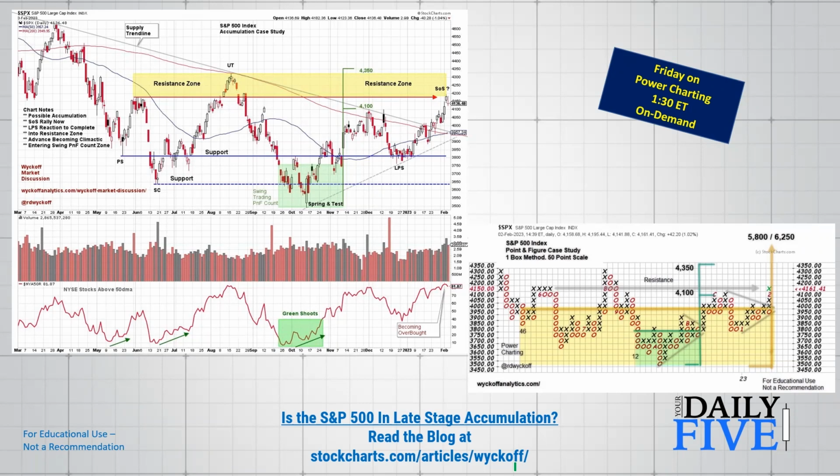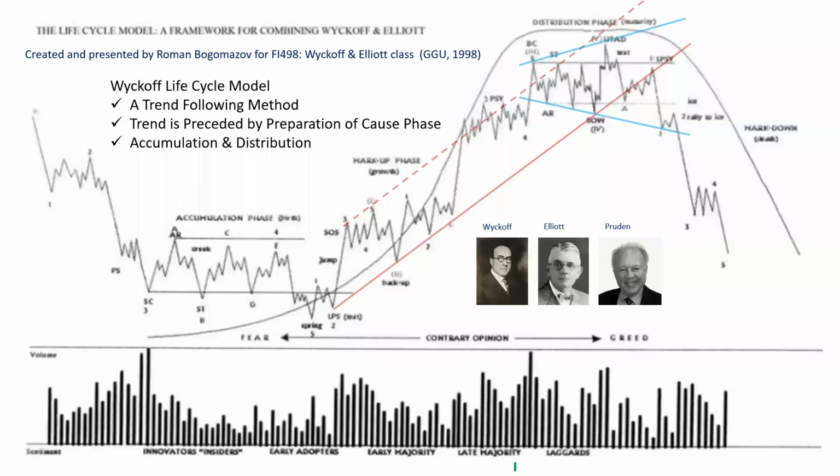Read my notes about the current structure, which looks like it could be accumulation, but there are issues. We'll dig in on that on Friday. Read the blog to prepare yourself. I also did a point and figure chart, right there on the right, and you can see that chart in the blog too.